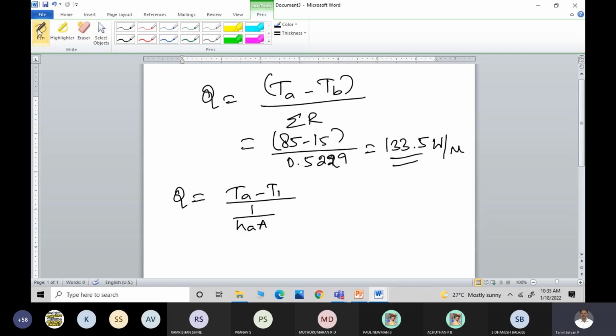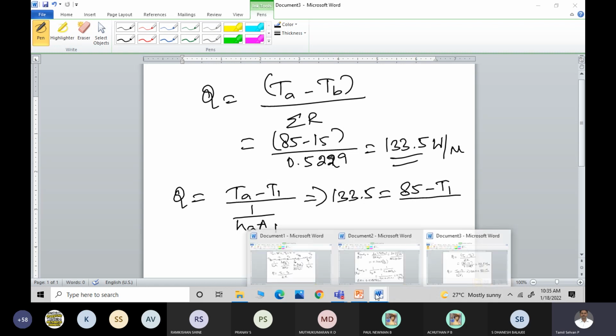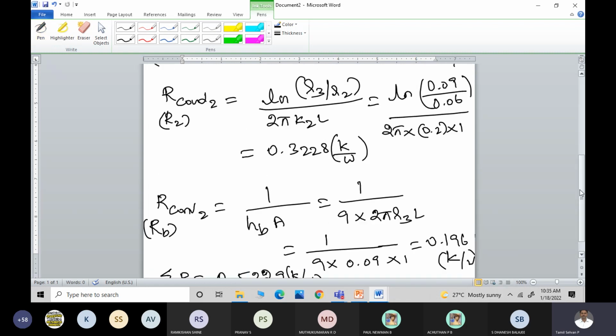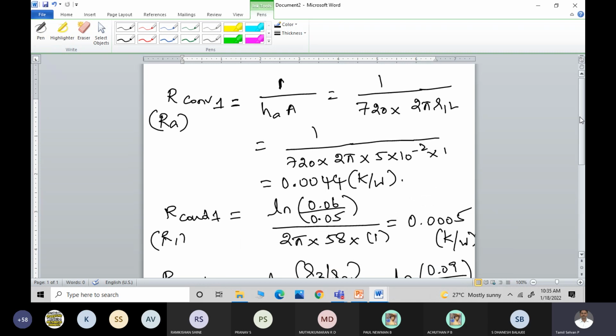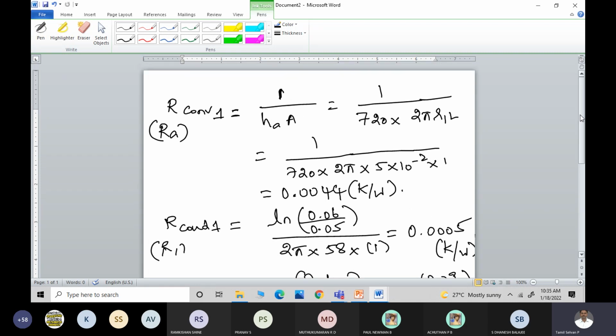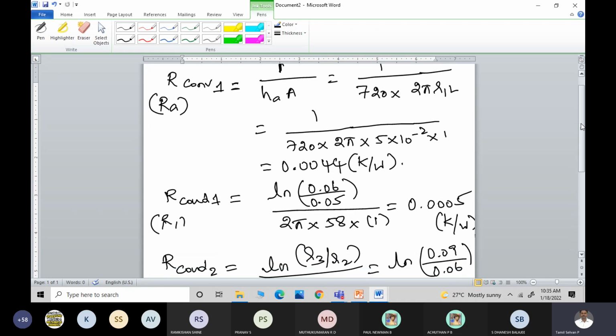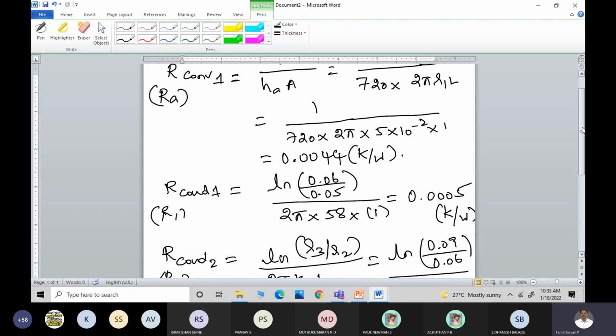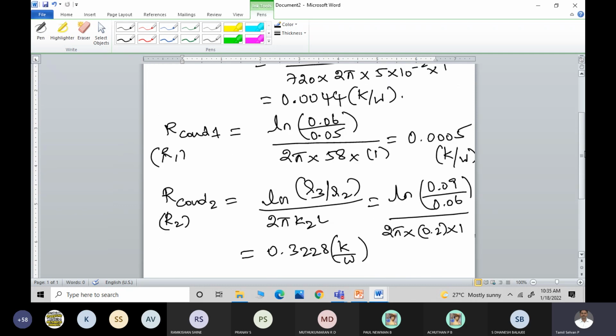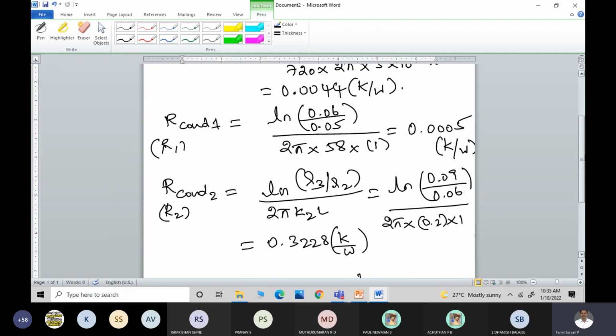We know this answer, so 133.5 equals 85 minus T1 divided by 1 by HA into A1. Since we calculated it last, we can easily take it from that. Some students don't calculate the individual resistances, so they end up repeating work, which is a waste of time. The moment you solve, find the individual resistances. Finally, finding the interface temperature is easier.